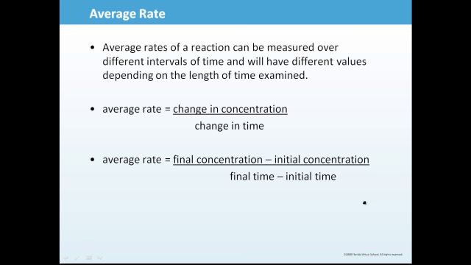We're going to do the same thing when we talk about rate. We take the final concentration, subtract the initial concentration, and then divide that by the final time minus the initial time. So again, it's the change in concentration over the change in time. Simple as that.